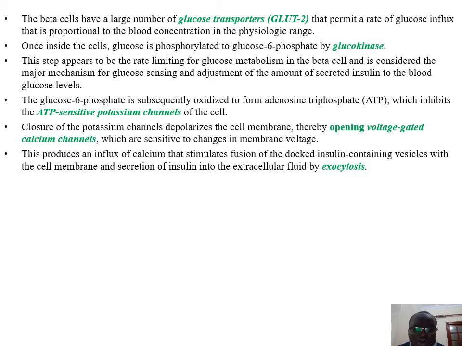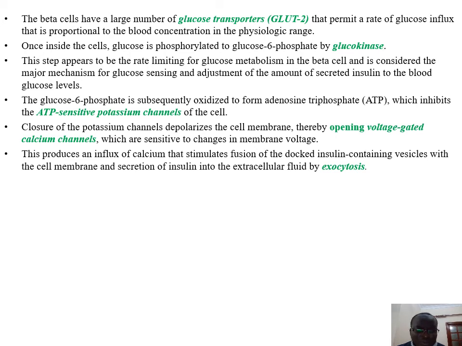The closure of the potassium channels depolarizes the cell membrane, thereby opening voltage gated calcium channels, which are sensitive to changes in the membrane potential. So they are responding to a particular voltage. So after depolarization, they are going to open to allow influx of calcium.